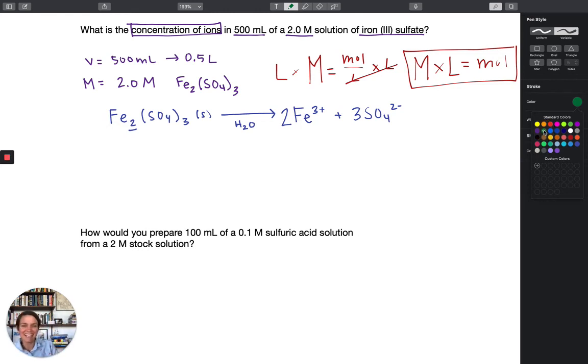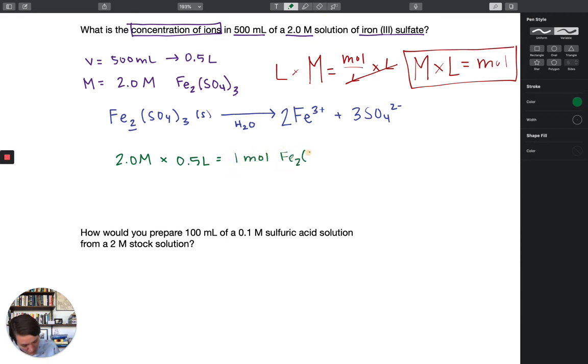We've proven ourselves. So we have a 2.0 molar solution times our volume of 0.5 liters gives us 1 mole of Fe2(SO4)3, and that is in our 500 milliliters of solution.